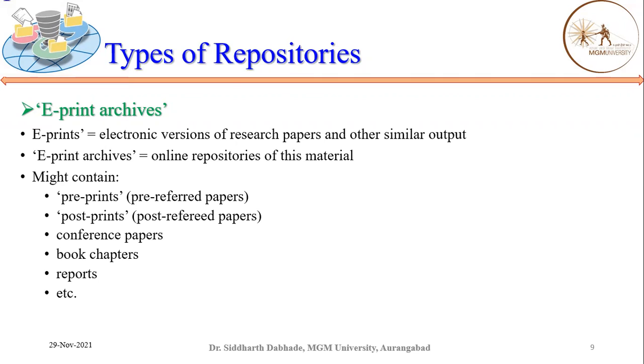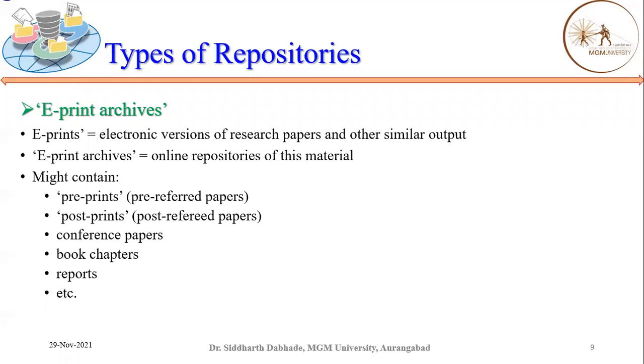Whatever research papers you are going to print, it is again divided into two types: preprints and postprints. A preprint is what we refer to when, before the publication of your paper, you publish it on your archive. A postprint means that after the publication of your research article or paper, you post it on your repository.